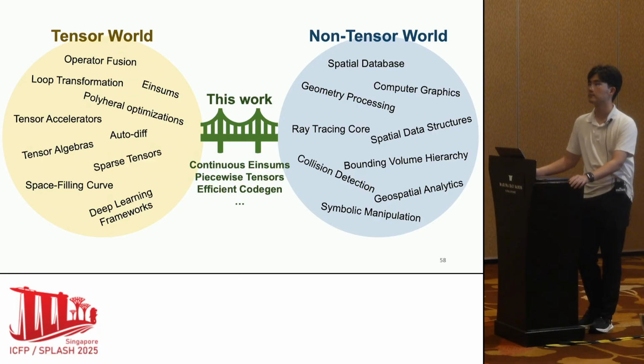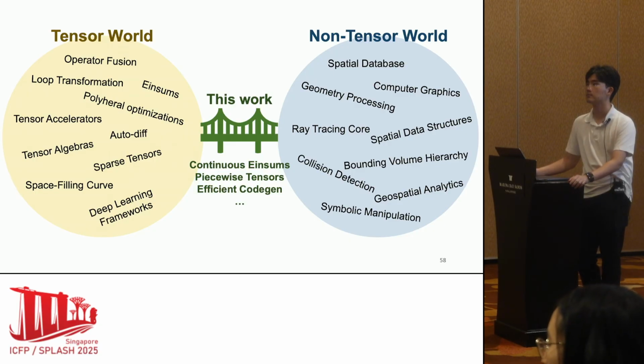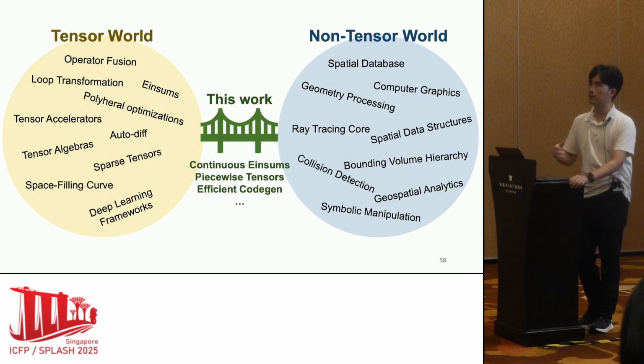Hi, nice talk. I have one question. Given that you use constant values to do the tensor computation, is there any trade-off between performance and, for example, precision? You mean the piecewise constant tensor only? Yeah, right. That's one of our design choices, and it's a performance trade-off.